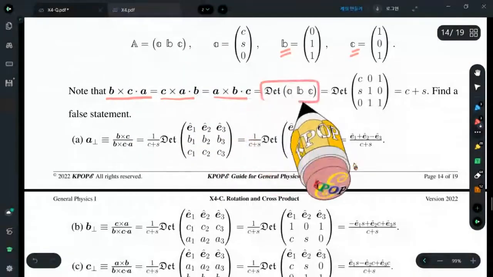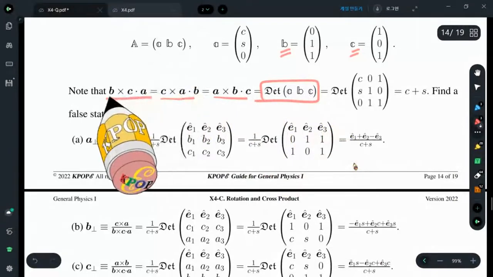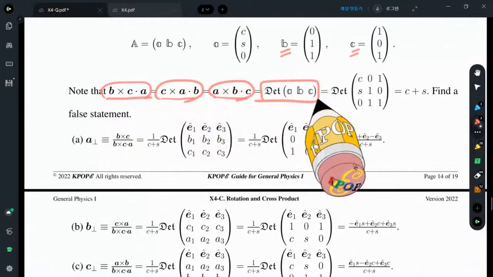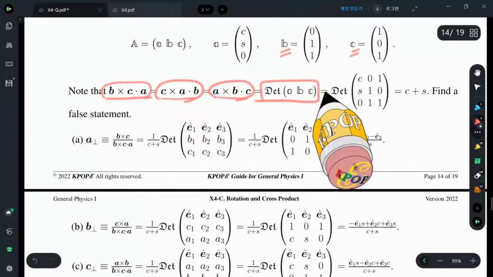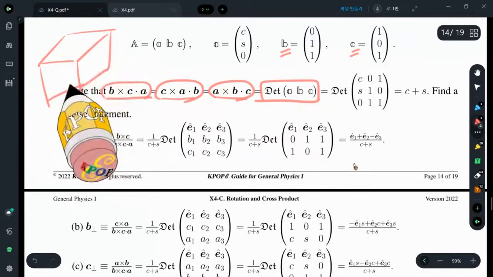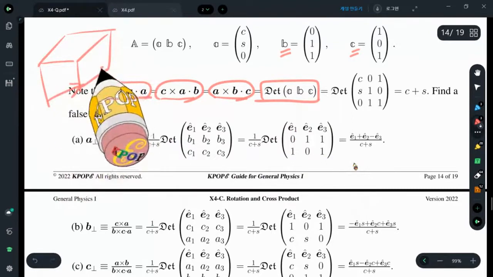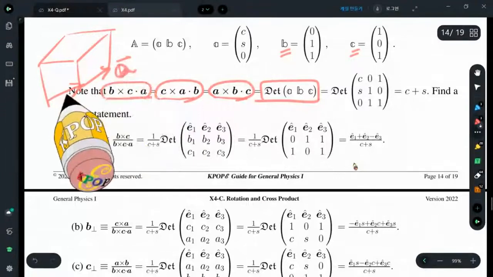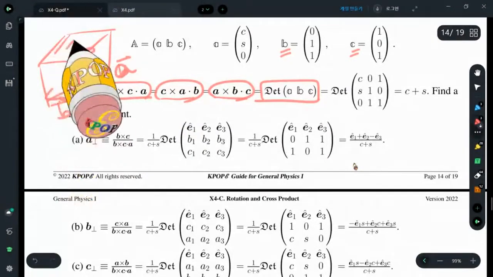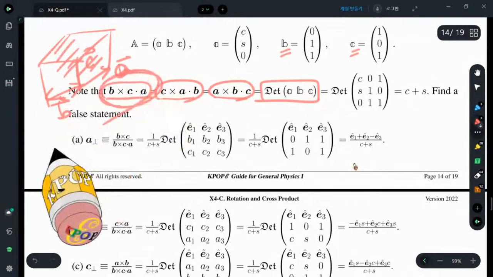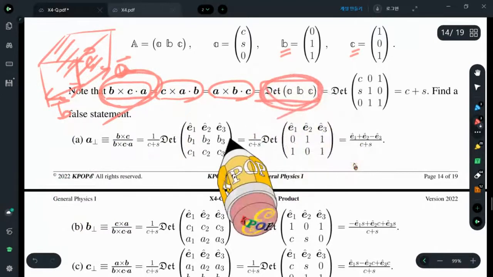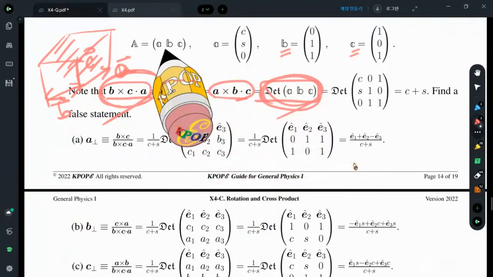And that is the determinant of this matrix. This triple scalar product is by definition the determinant of this. And that is the volume of the parallelepiped spanned by vector A, vector B, and vector C. Okay? This volume is expressed in terms of this triple scalar product, and that is identical to the determinant of this 3 by 3 matrix.